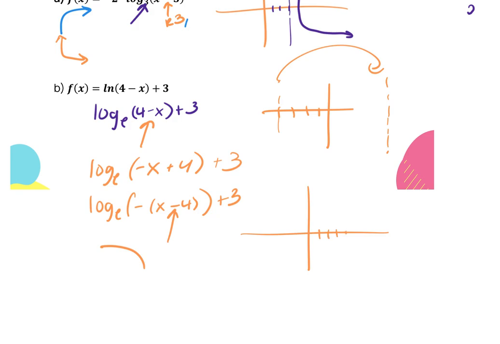Either way, my vertical asymptote, because if I set this equal to 0, or I set this equal to 0, or I set this equal to 0, in all of those cases, the vertical asymptote is still at x equals 4. This is a shift up 3, so I'm going to point it left, so it's like this. But I'm going to lift it up a little bit higher because it would typically be shifted up 3.